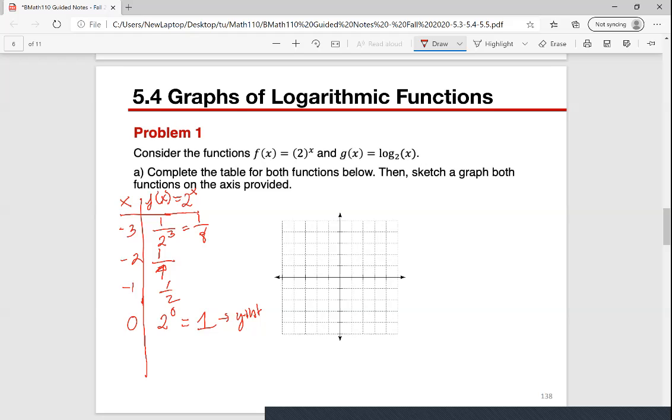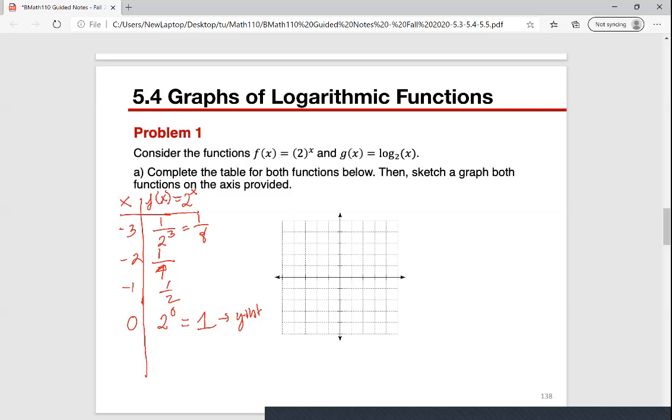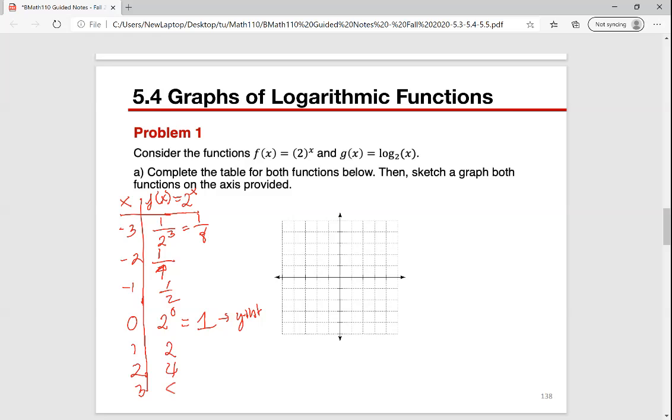And now let's choose 1. I have 2. For 2, I have 4. And for 3, I have 8. Right. Okay.